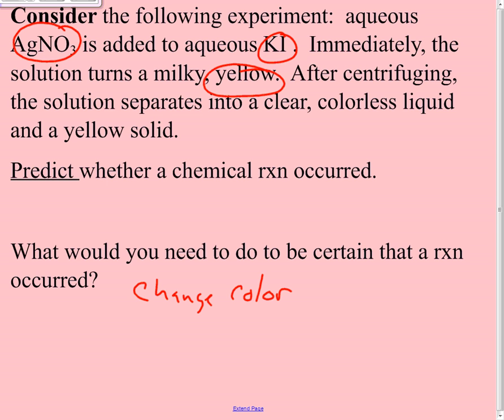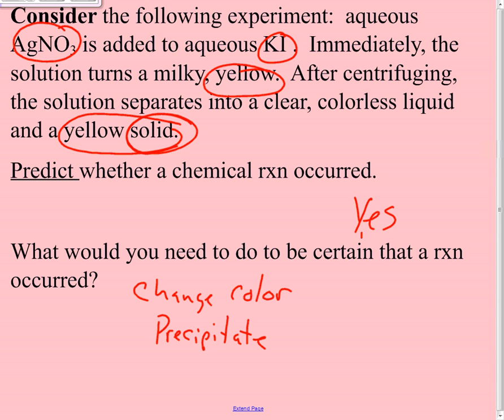After centrifuging, that means I'm spinning it very fast, the solution separates into a colorless liquid and a yellow solid. What is the solid? Hey, that is a precipitate. So, would I predict that the chemical reaction occurred? Yes, I would say a chemical reaction occurred. Why? Because we have a color change and we have the formation of a precipitate.